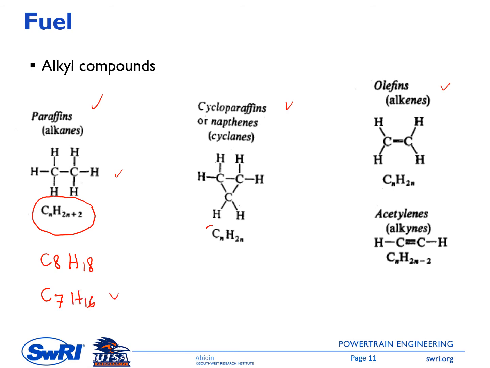This is the surrogate of the diesel fuel. And then the next one is cycloparaffin. In this case, we have a single bond ring hydrocarbon. It forms a ring here.